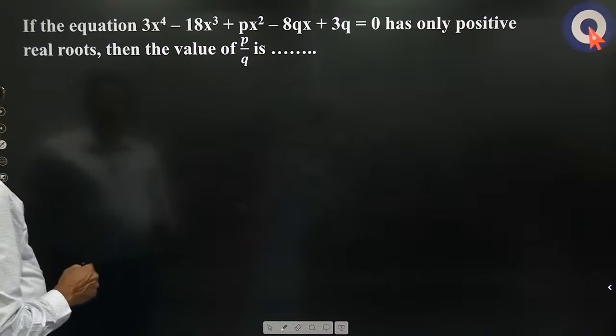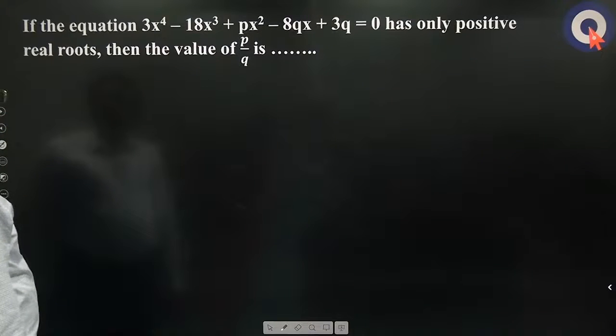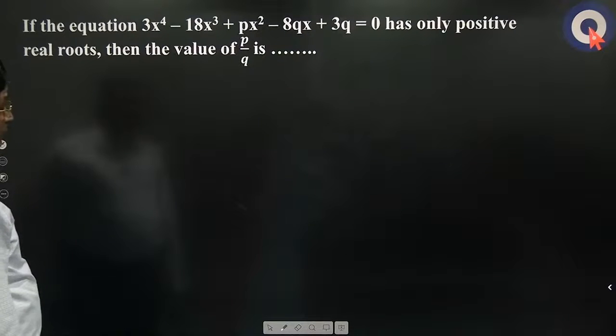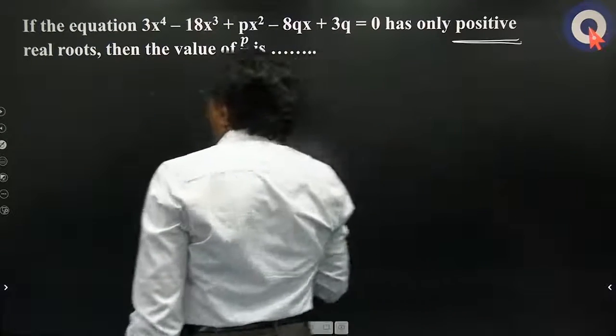What is this? If the equation 3x power 4 minus 18x cube plus px square minus 8qx plus 3q is equal to 0 has only positive real roots, find the value of p by q. Again, only positive real roots. All right.